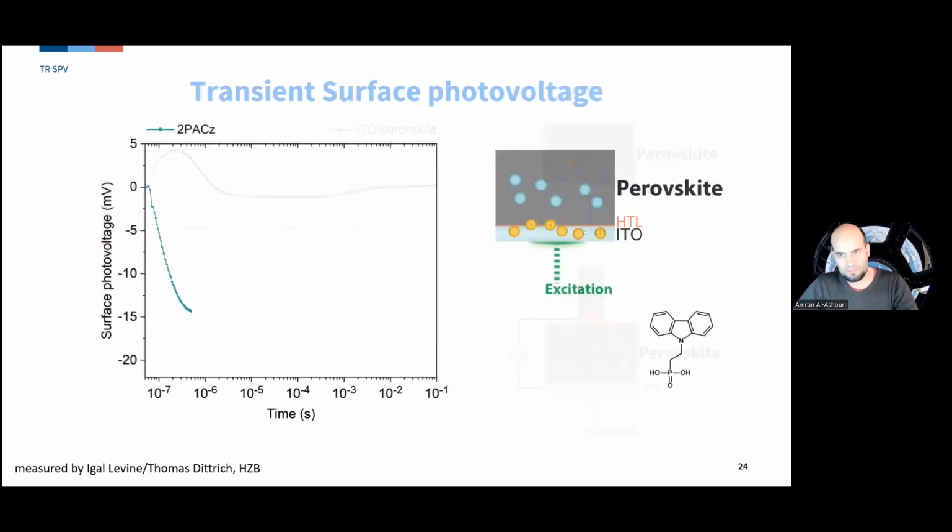Now, when you extract holes with a SAM, so putting an HTL here, you extract all the holes into the ITO. Well, I mean, ideally all the holes, and so the surface photovoltage then is negative. And then you just let the system relax, and you again land at 0. Now again, let's use the power of SAMs to build a model system.